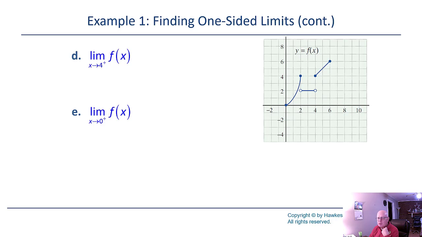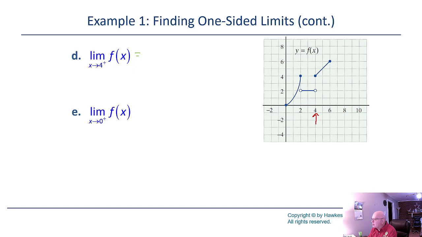Next, let's look at 2 more from that same graph, that same function. On this one, I'm going to go back to red. Okay. Now what are we doing? We're getting close to 4, but we're getting close to 4 from the right side.